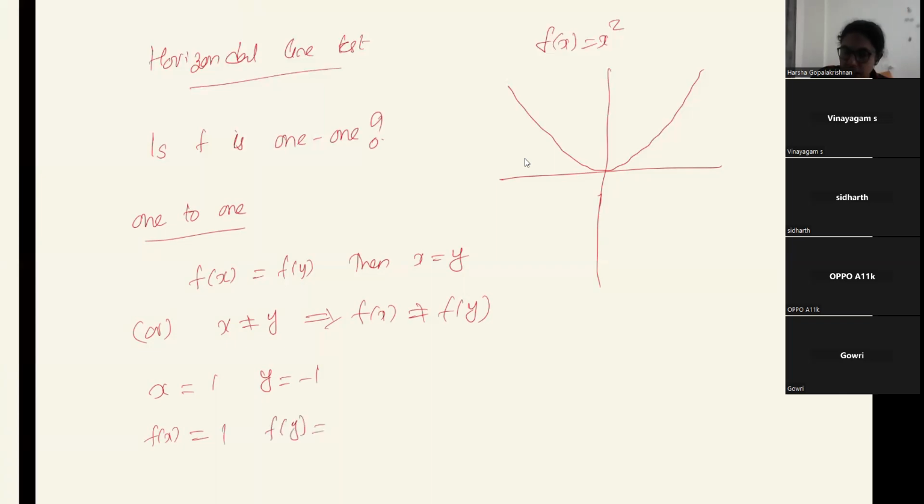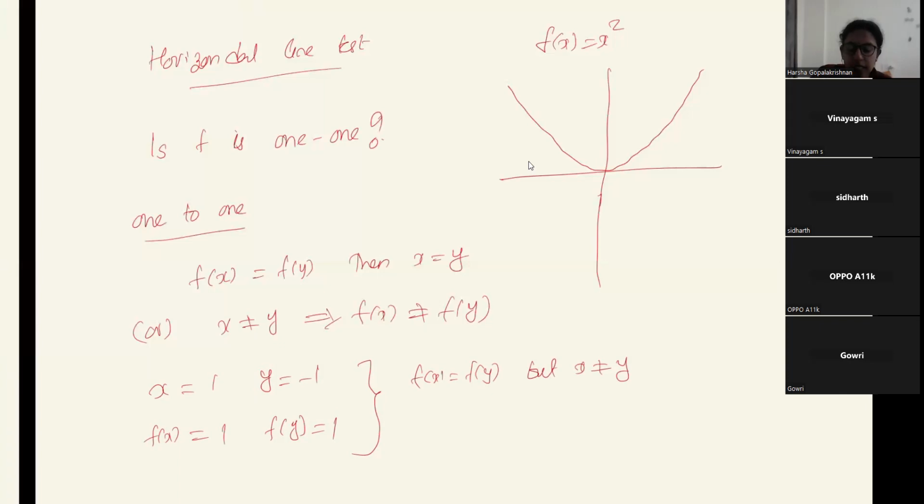It's equal, so it's not 1-1. Yes, it is not 1-1 because here f of x equal to f of y, but x not equal to y. Clear? Both 1 and -1 have the same image. In the same way, 2 and -2 will have the same images under the map f. So f is not 1-1.